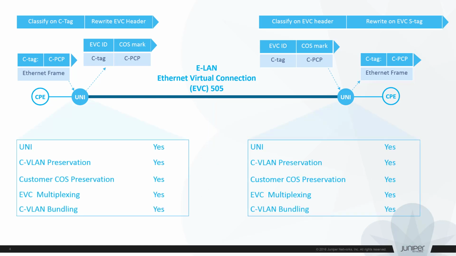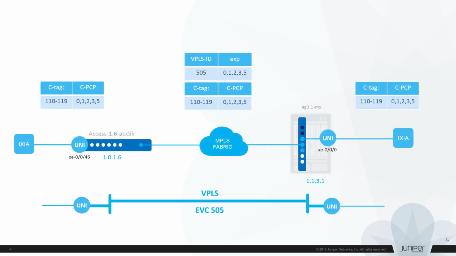The overall intent of today's exercise is to enable an Ethernet virtual private LAN connection between UNIs, allow EVC multiplexing, CV-LAN and customers' class of service preservation, and CV-LAN bundling, which means multiple customers' VLAN tags will traverse an EVC end-to-end. I'm using a lab setup which worked for us when we talked about E-Access and E-Transit service flavors.